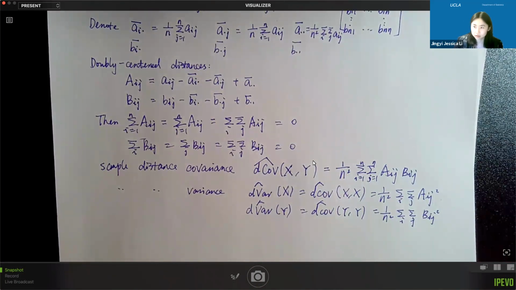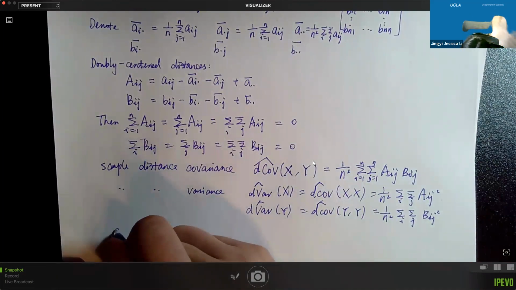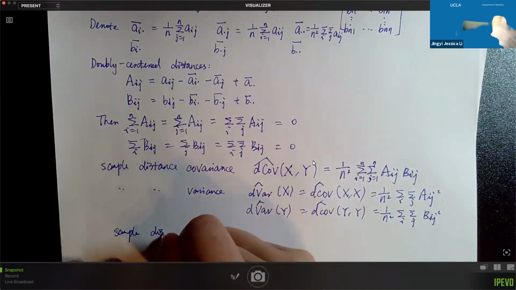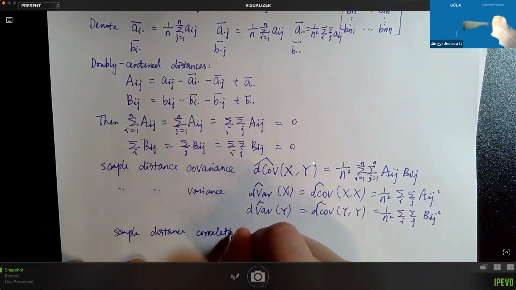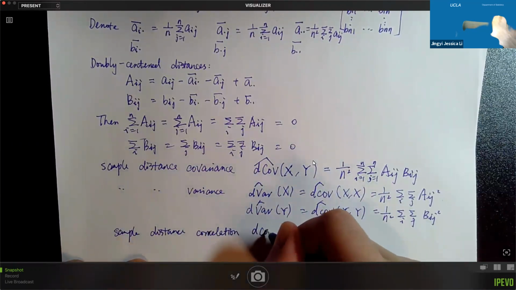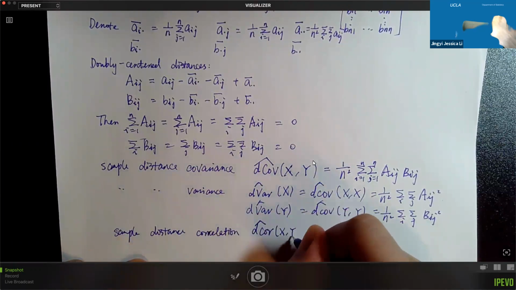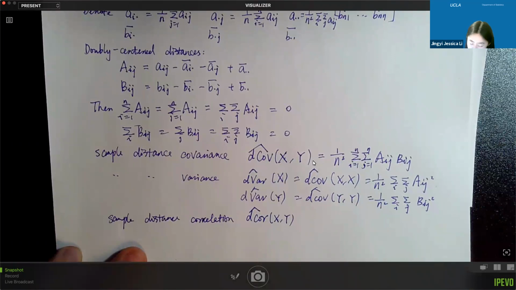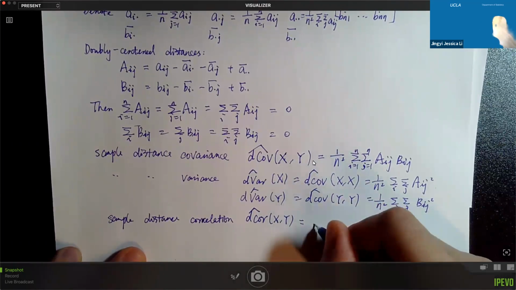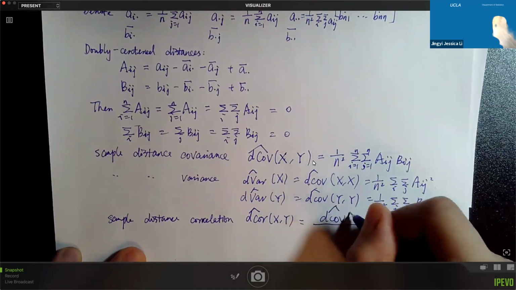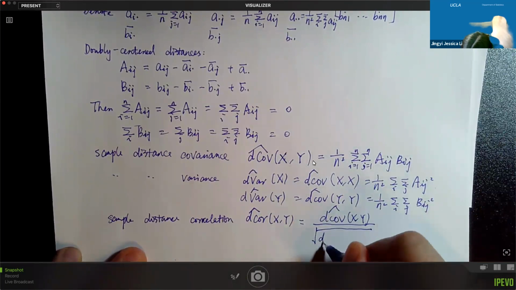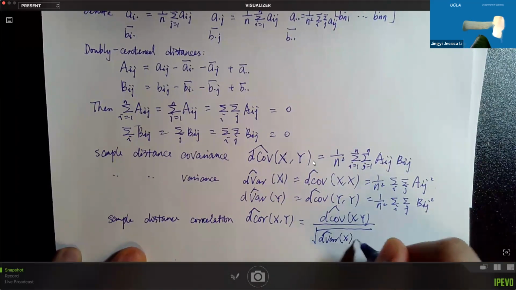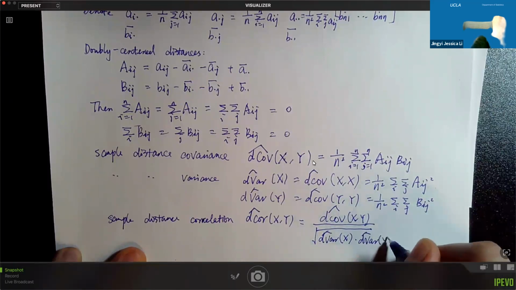Okay, so with this, we have the sample distance covariance and sample distance variances. Then we have sample distance correlation, just based on how we define the Pearson correlation. Sample distance correlation is defined as d cor, and I still put a hat here to mean this is a sample version. It's just defined as d cov hat xy divided by the square root of d var hat x times d var hat y.